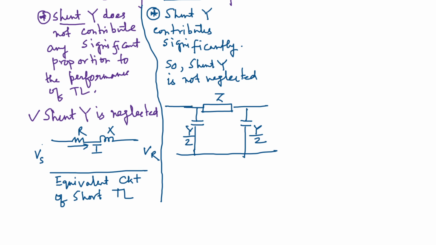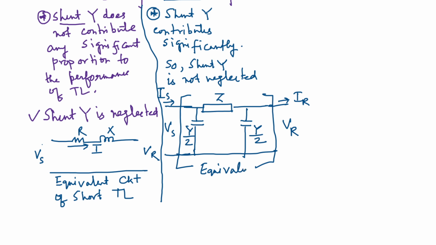This is Vs and this is Vr, the current flowing from Vs is Is and the current flowing through Vr is Ir. This is called the equivalent pi section model.